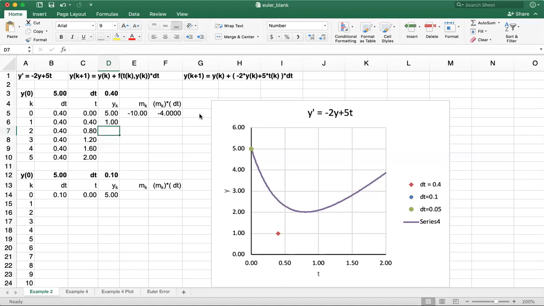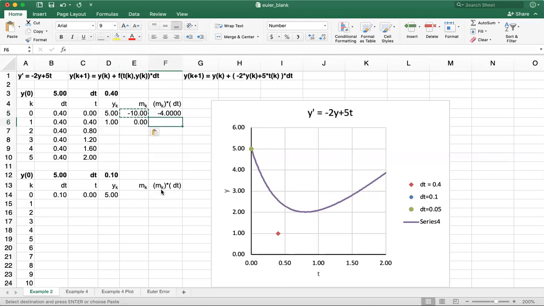Now, what's nice is that once I've done this many steps, I don't need to do any more entering of formulas, because the next slope, if I copy this slope, is going to be just pasting the same formula in. So I used my Command C or Control C to copy, and then I just paste it in the next slope.